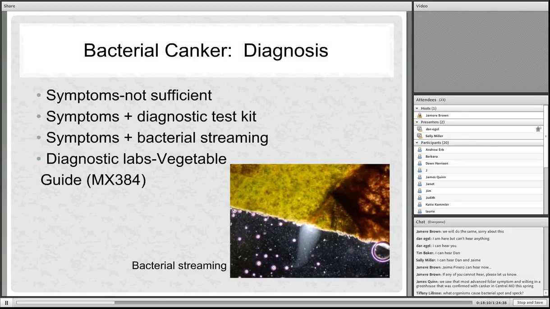Bacterial spot has been divided into 4 different species now, a complex situation. If you were to isolate speck, it's a pseudomonad, a fluorescent pseudomonad on King's B medium. But like I say, the situation with spot has become somewhat complex in the last couple of years.